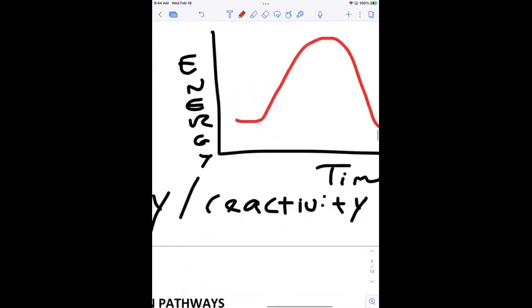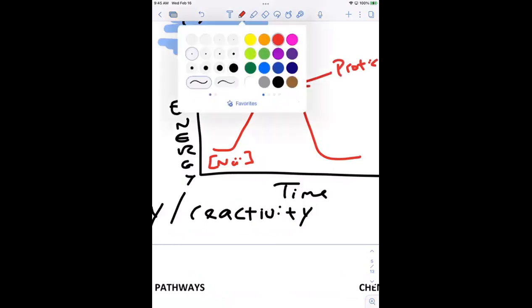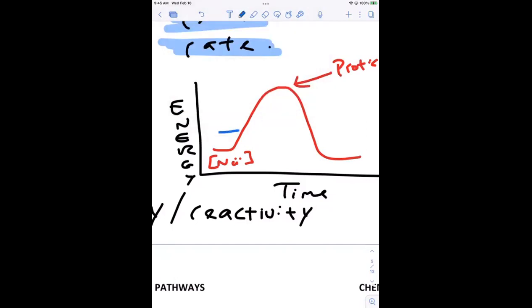This is my nucleophile. If the solvent is protic, I'm going to use the red as protic, and the blue curve is aprotic.